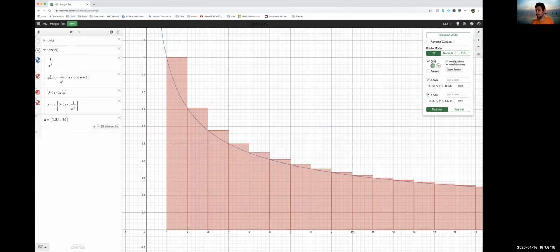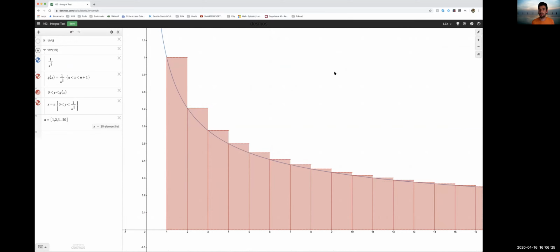Let's consider the series, oops, I want to keep those on and that off. Now I'm looking at the series 1 over the square root of n. Right, so now I'm using this graph to illustrate something about 1 over the square root of n for n equals 1 to infinity.